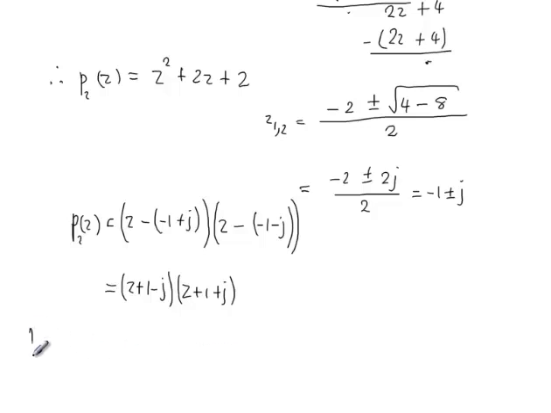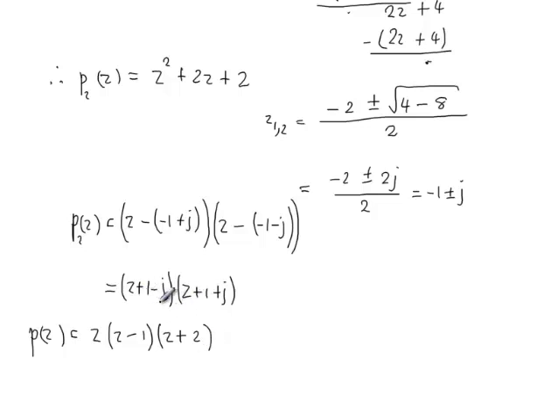Therefore, my P, which is my P5, I'll just now drop the 5 and go back to my P, will be Z. What was the next factor? Z minus 1. And followed by Z plus 2.